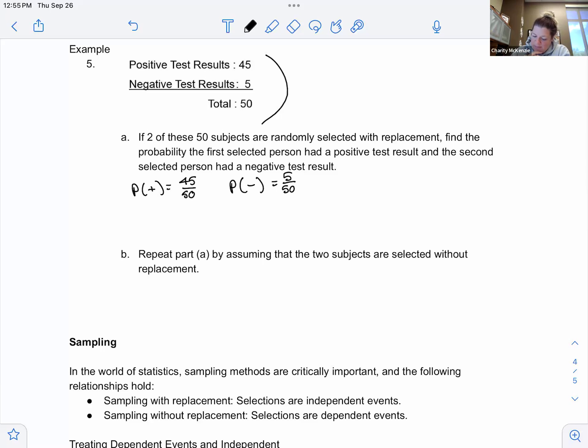So we would just times those for the probability of a positive and the second one being negative. So that's going to be 45 over 50 times 5 over 50. So we times straight across, reduce, divide it, put it in your calculator. I got about 0.09.